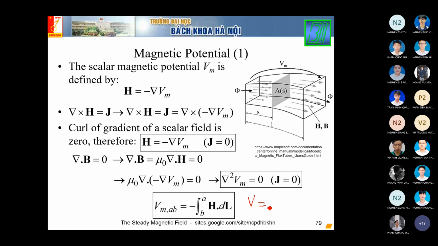Remember this one? V is minus the integral of E dot dl. It is very similar to what we are talking about here. So the name of Vm is a potential, but remember that it is a current potential, we can say that.